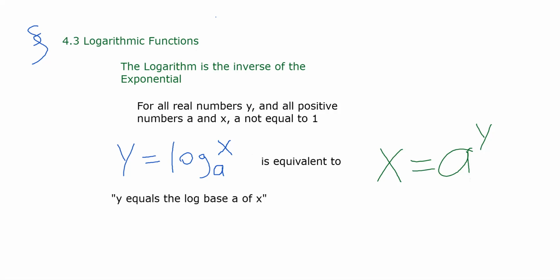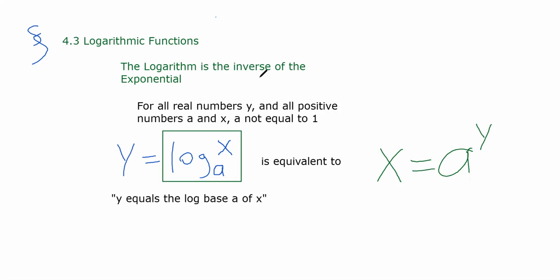So now let's zoom in on this. When you see a logarithm, what a logarithm is doing is saying a, the base of the logarithm, raised to what power is going to give me this number up here, x.